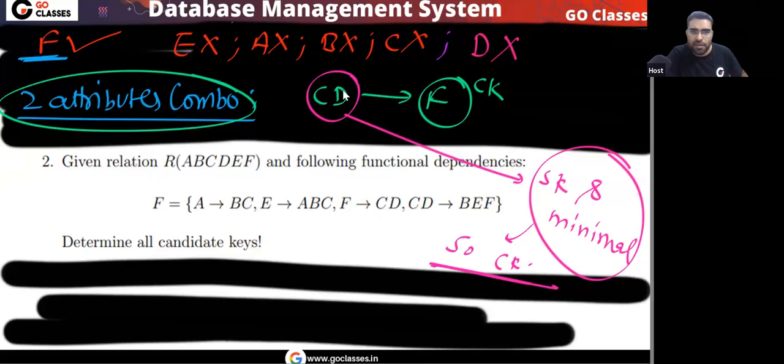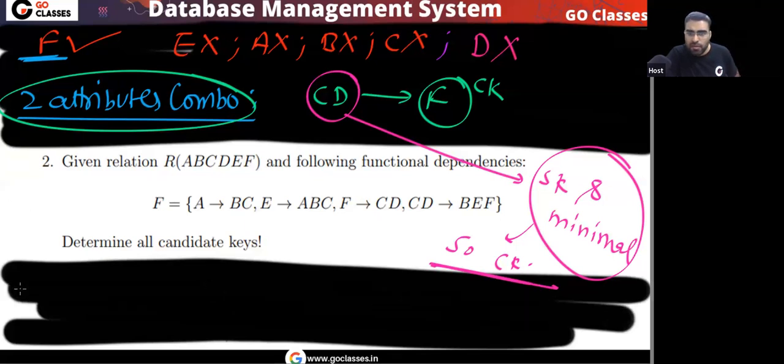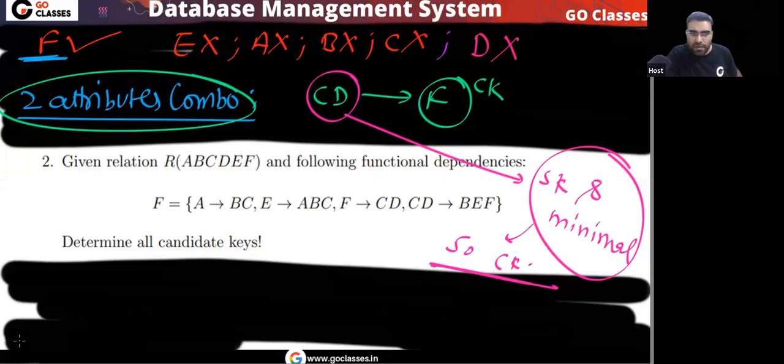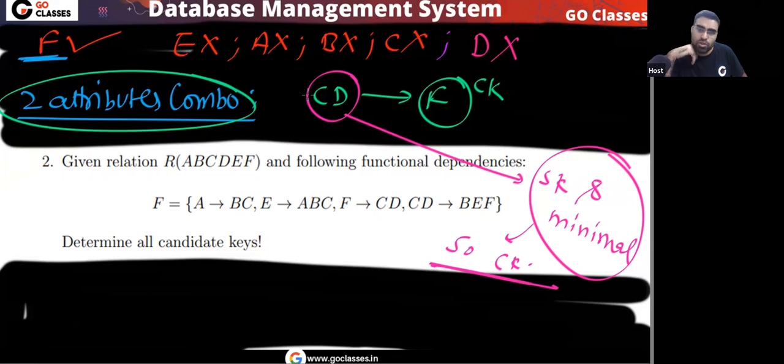What else? We have to check many combinations. What about AB combinations? But something will help you: you don't have to consider combinations of these four people. You might be thinking we have to check AB, AC, AD.